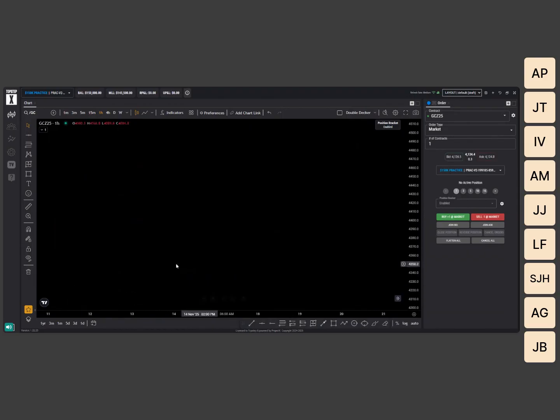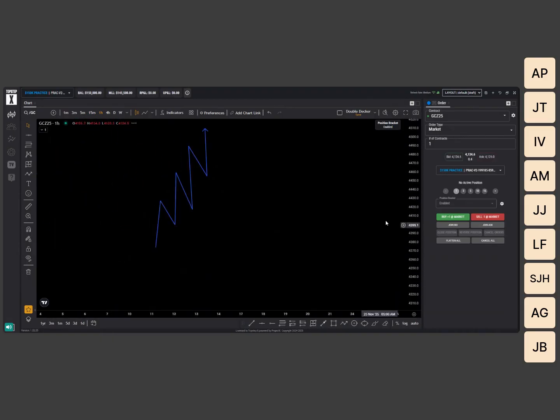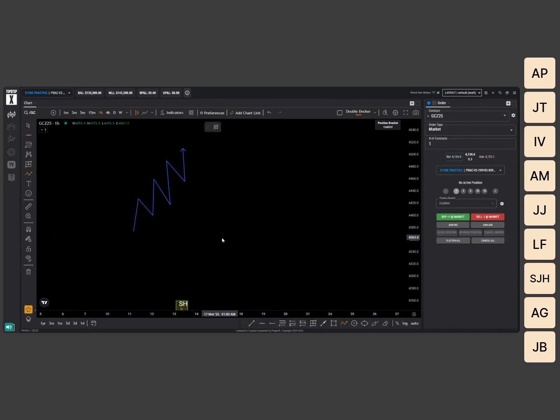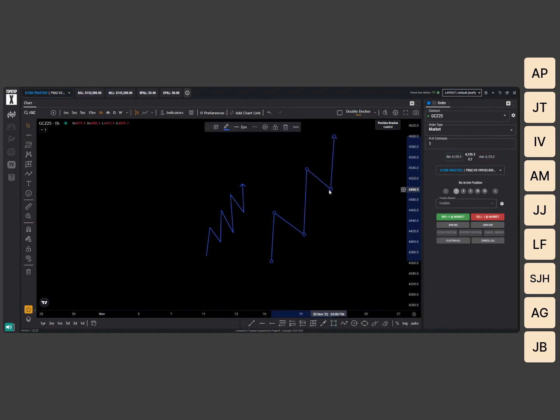Now, understanding that, this is what structure is going to look like on a smaller time frame if we're in an uptrend. This is what structure is going to look like on a higher time frame. Let me fix this real quick.